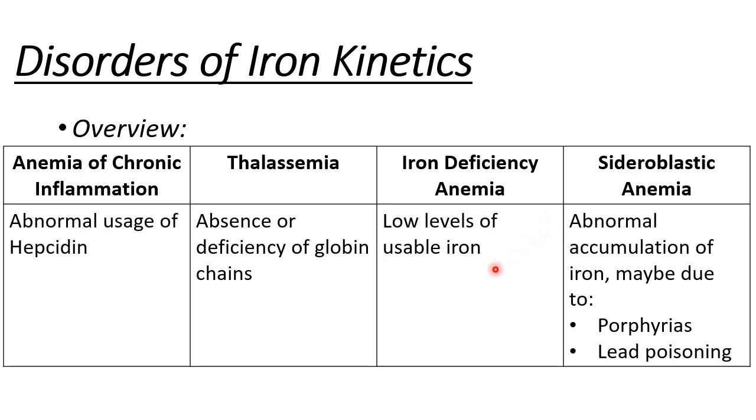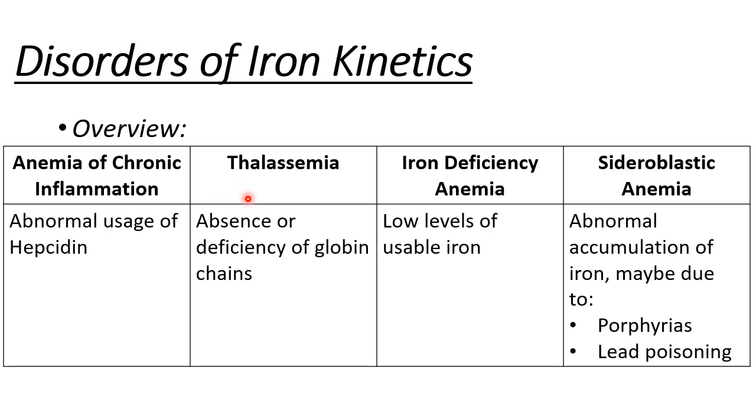So as an overview, ano ba ang meron per condition? Unahin natin si ACI. Dito, meron tayong increased levels of hepcidin. Remember nyo yung function ng hepcidin, no? Kapag increase ang levels ng hepcidin, ibig sabihin, mababa yung levels na ng iron na pwedeng gamitin for the synthesis of heme.